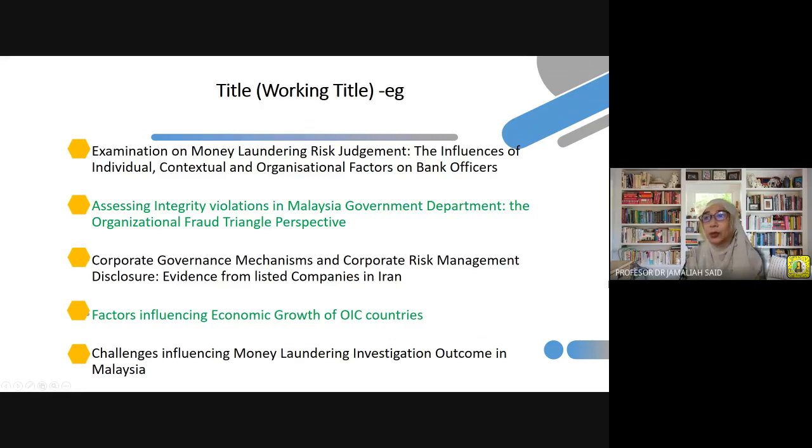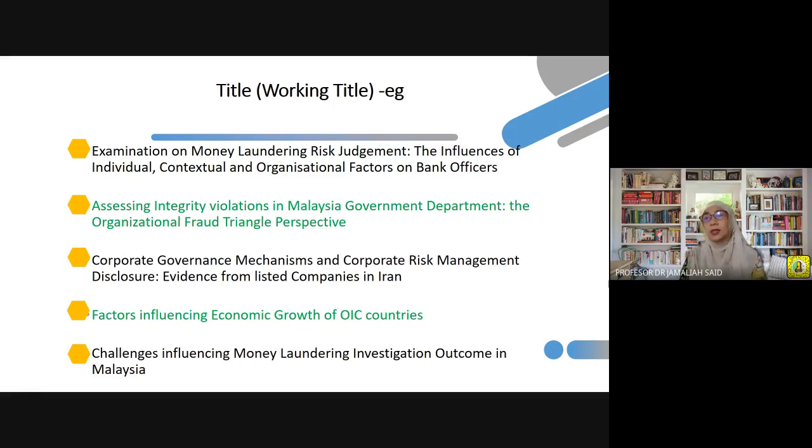You have to read the thesis, but from the title, it is clear. The student is focusing on corporate governance mechanism and its effect on corporate risk management of the company, in companies in Iran. It's very clear.